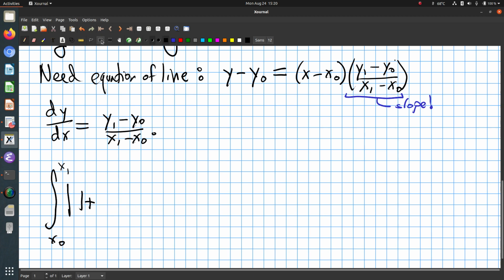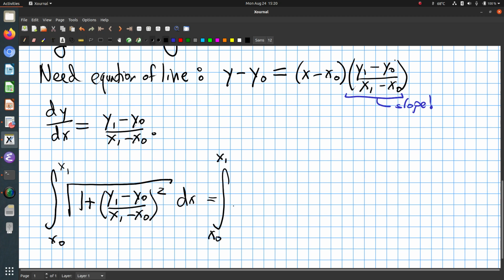We just need the slope, and we're going to square it. Squared. Okay, dx. All right.